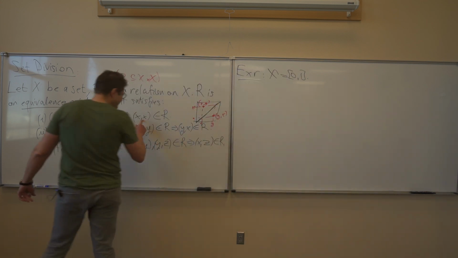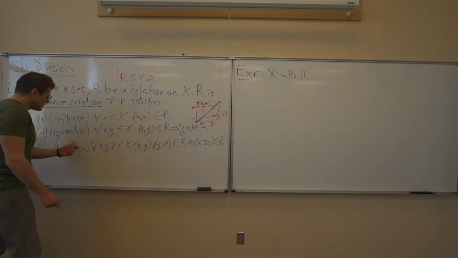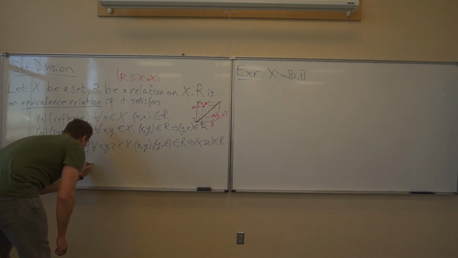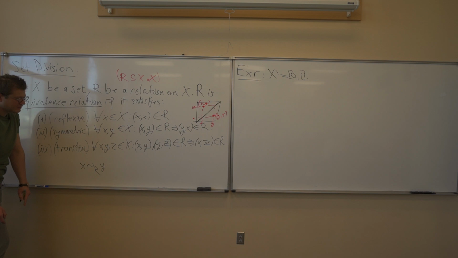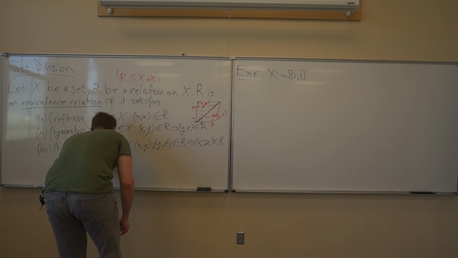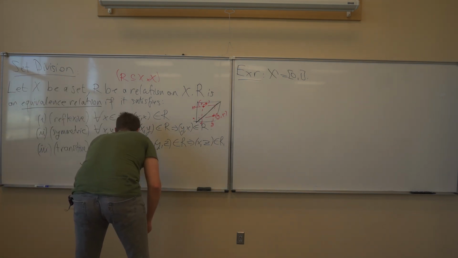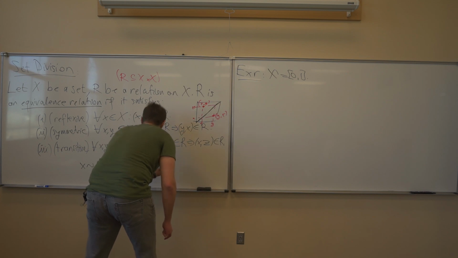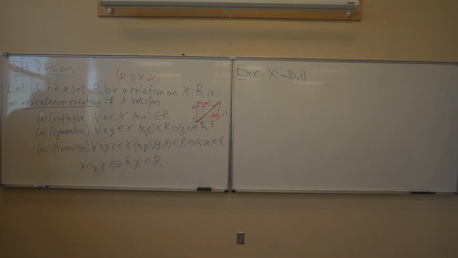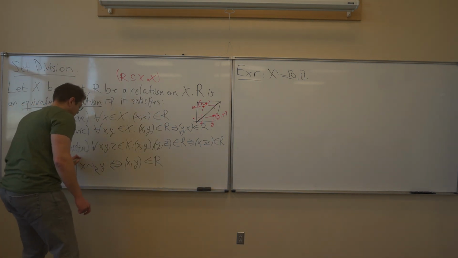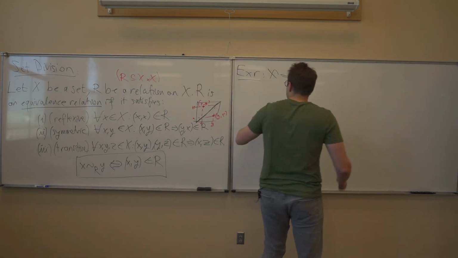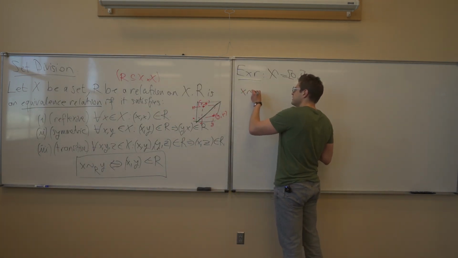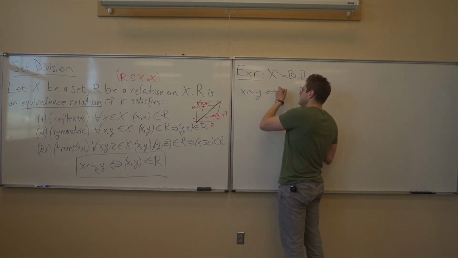Instead of writing that x comma y is in R, you would write something like this: x is similar to y relative to R. Well, let's define a relation, x related to y if and only if x is equal to y.